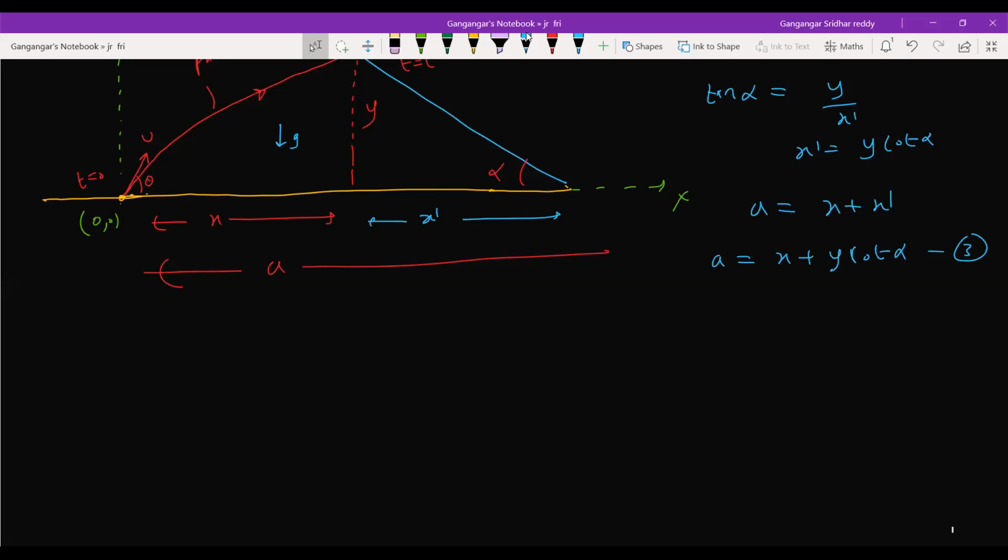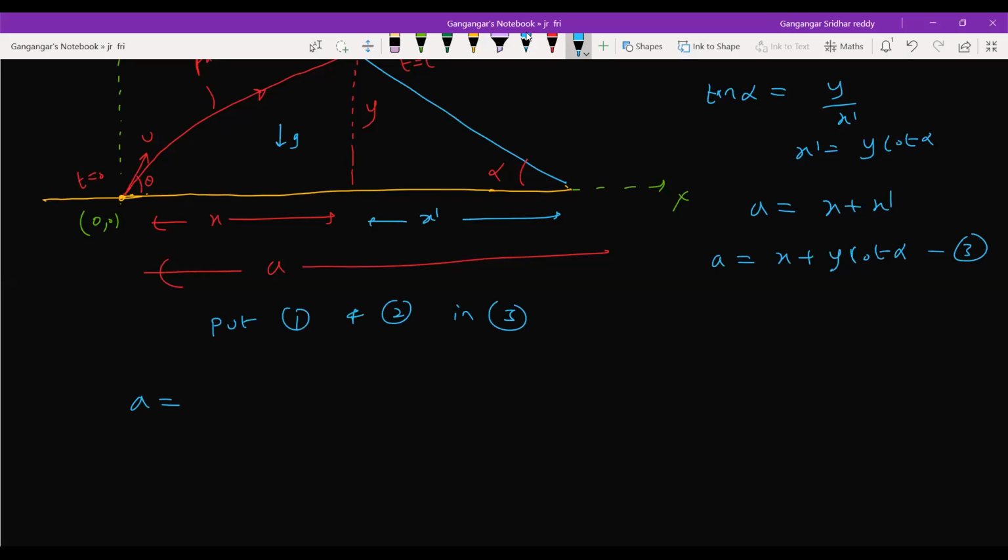Okay, now, anybody, what to do after this? Substitute 1 and 2 in 3. A equals, what is x?